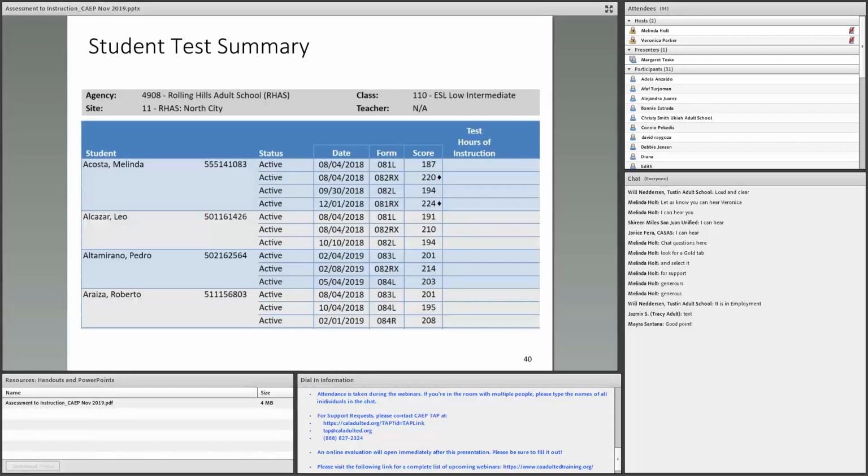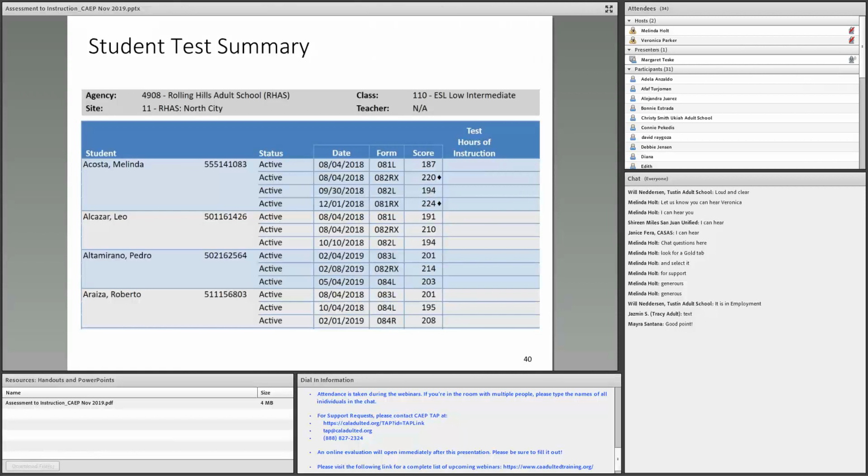It looks like this. So we've got your students in a class. This class is ESL low intermediate. Melinda is an active student. This is her ID number. These are the dates she has taken these tests, what tests she has taken. So she's taken a listening test and a reading test, a listening test, and a reading test.